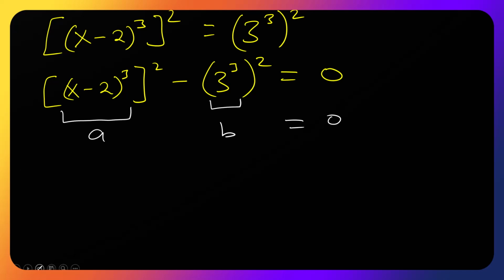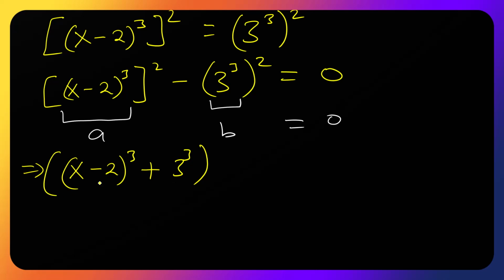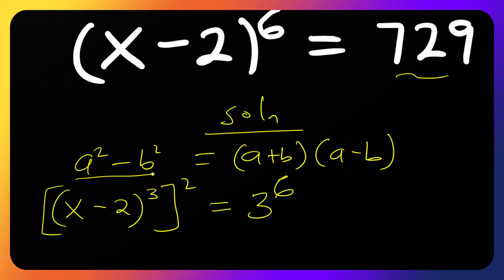So with this we can say that (x minus 2) all cubed plus 3 cubed, then we have the next bracket as (x minus 2) cubed minus 3 cubed equals 0.